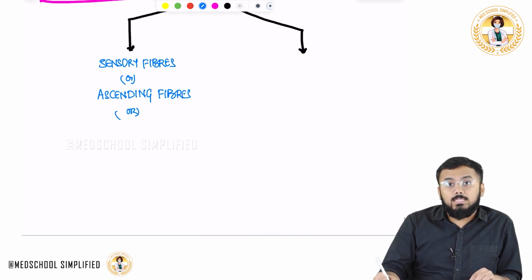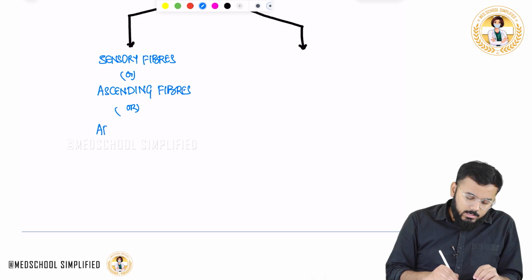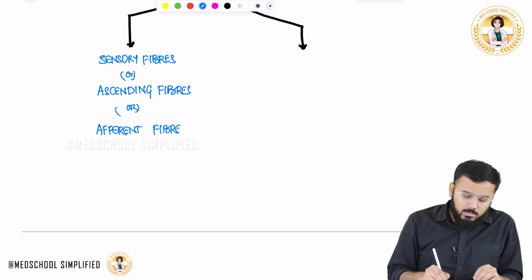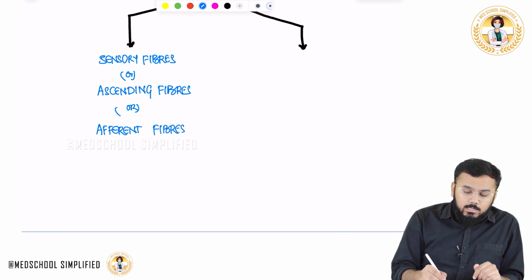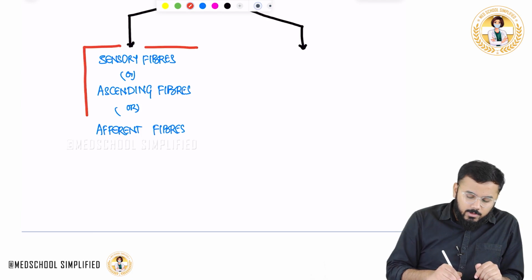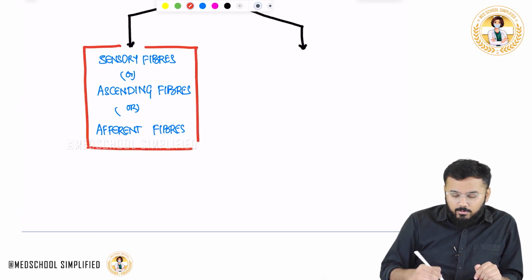They are called afferent fibers. So these are the three important things: one group of fibers is called sensory fibers, or ascending fibers, or afferent fibers.